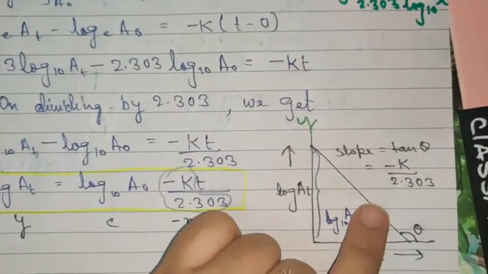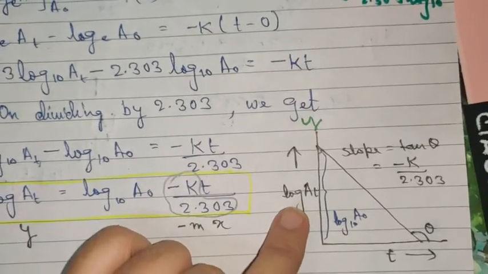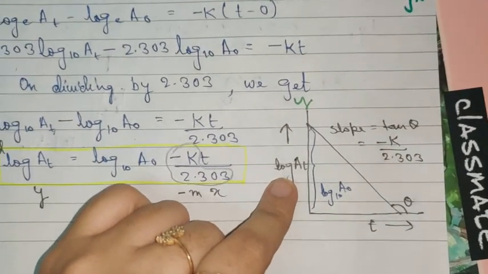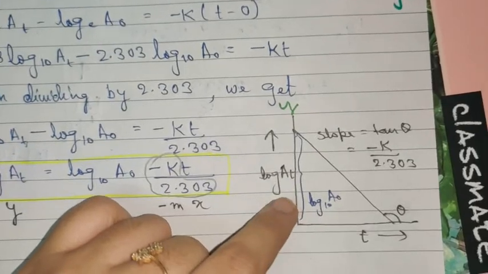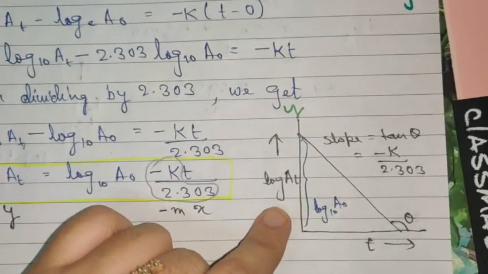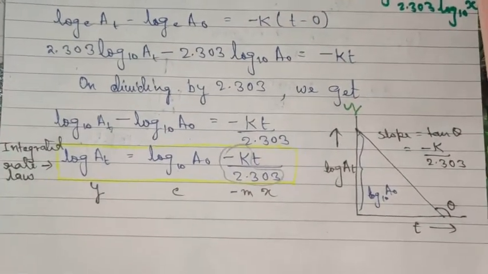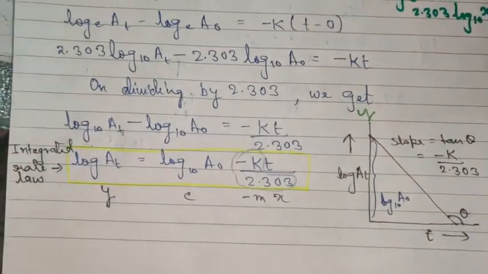Whenever a graph with log values is given, obviously you have observed that in zero order reaction no log was used. Whenever you see log, it corresponds to first order kinetics only. This can be used as a hint, children, because in your boards your syllabus has only zero and first order kinetics. That's it. So this much you can remember.